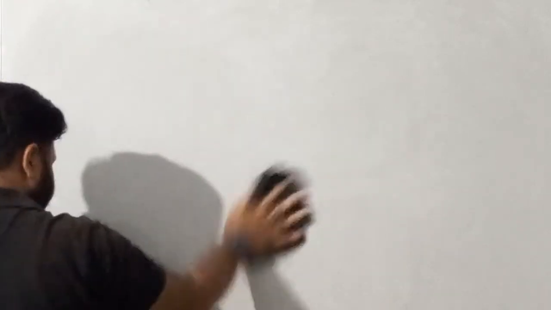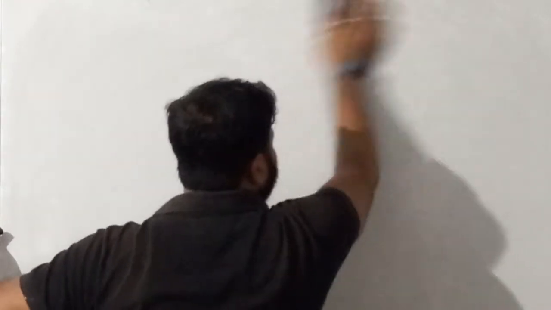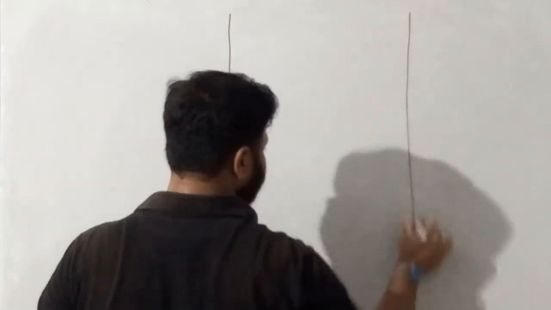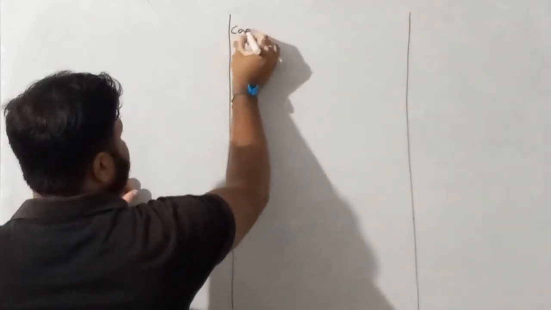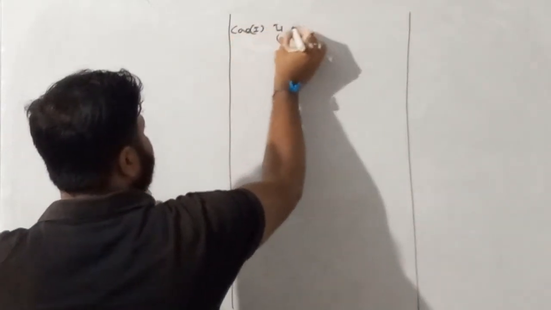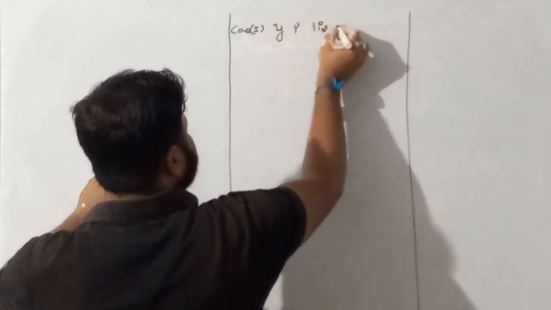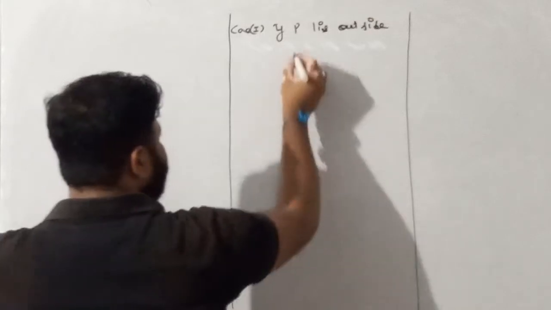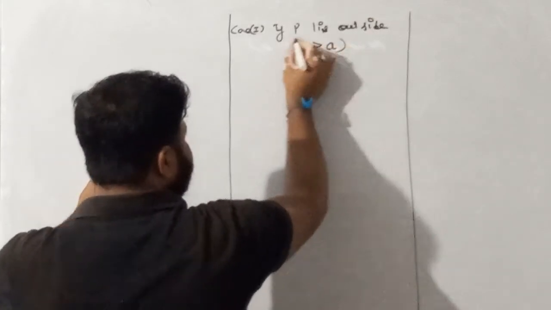So dear student, if P lies outside, then see how I'll find the value of the magnetic field with the help of Biot-Savart's law. So first case is if P lies outside. If P lies outside, it means x is greater than A.